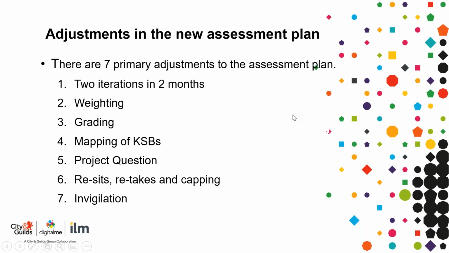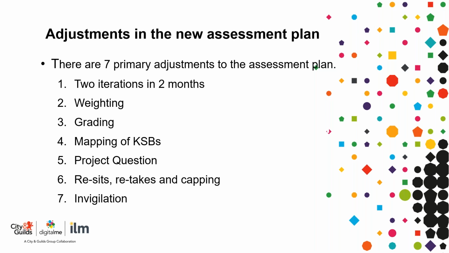Okay, so let's look at the changes in more detail. There are really seven primary adjustments to the assessment plan. Two iterations in two months, which I'll cover on the next slide. The weighting and the grading are the key areas where the changes impact the learners and also the assessment process. Juicy is going to go into that in more detail later on.